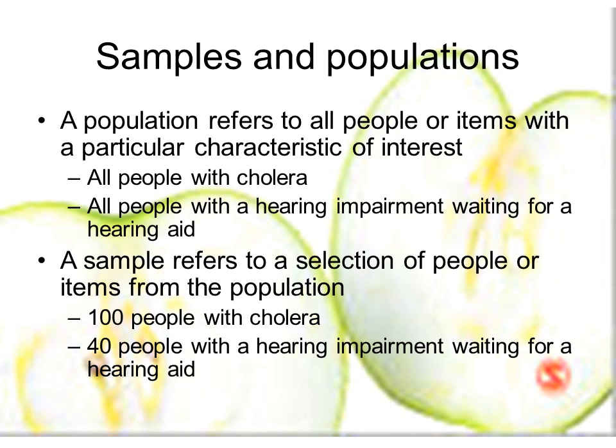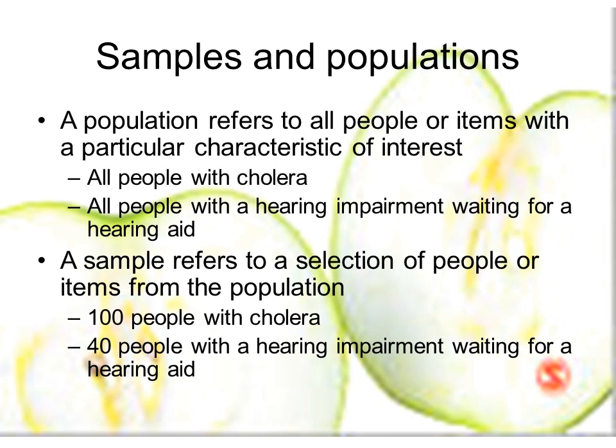So the description in the book, they talk about all people with cholera or all people with a hearing impairment waiting for a hearing aid. In dental hygiene, we could say all people that have periodontal disease. That's a population. That's a whole group of individuals with a similar characteristic.